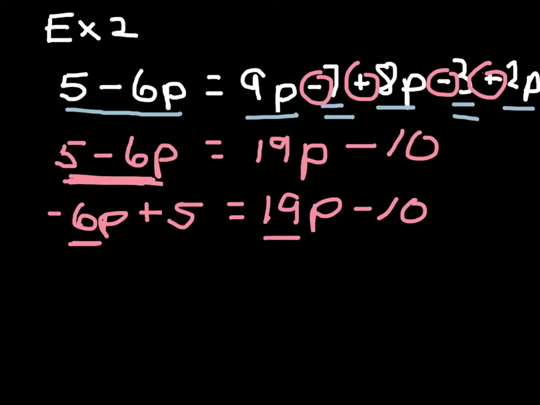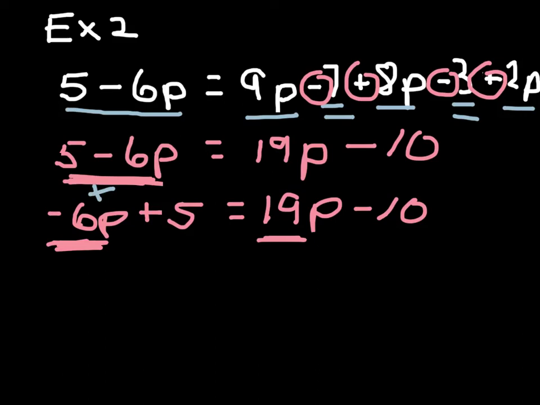Now I need to get all the letter p's on either the left side of the equal sign or the right side. Now what did I say on the previous screen? It's usually easiest to pick on the smaller letter. Negative 6 is smaller than 19. I'm going to pick on the negative 6. Now when you pick on something, you add or subtract something to it. What could I add or subtract to a negative 6 to cancel it out?